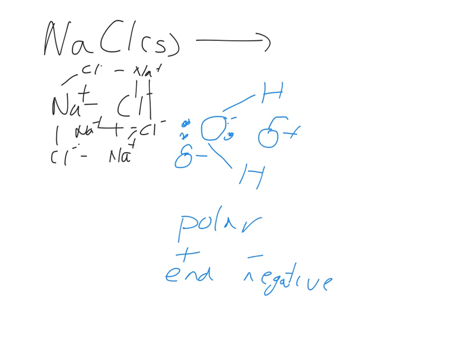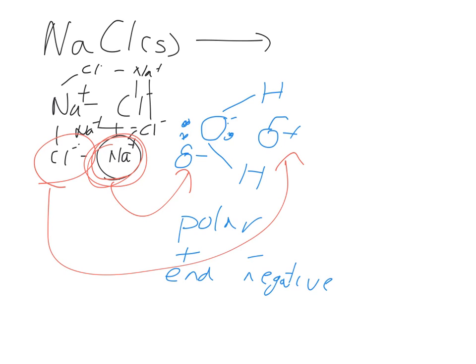So when you place sodium chloride in water, the attraction of the sodium ions for the partial negative charge on a water molecule, and the attraction of the chloride ion for the partial positive charge on a water molecule causes the sodium chloride to break up.